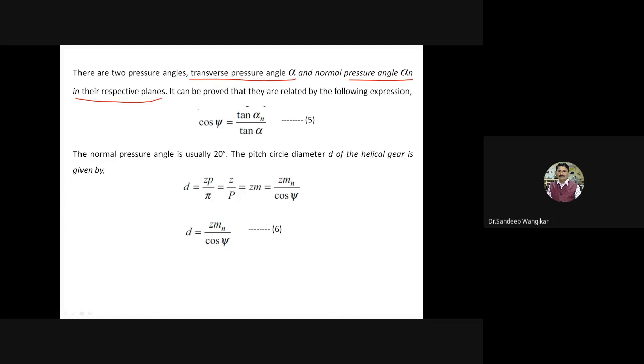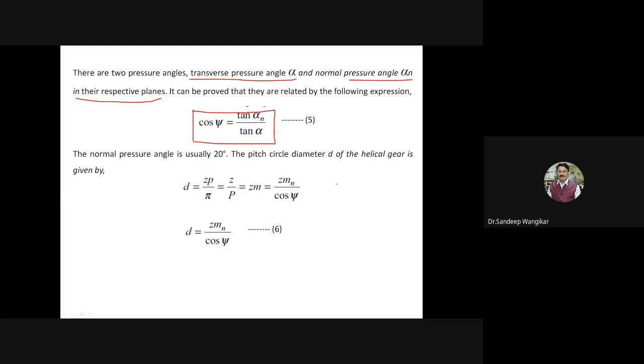Again, it can be proved. There is no expression here, but it can be proved that cos of psi is also equal to tan of alpha n divided by tan alpha, where alpha n stands for the normal pressure angle and alpha stands for the transverse pressure angle. In the numerical, the normal pressure angle may be given and the normal module may be given. So we have to keep this in mind.